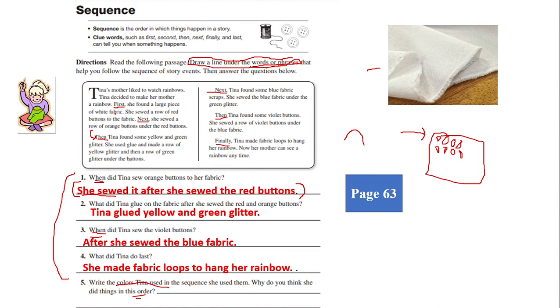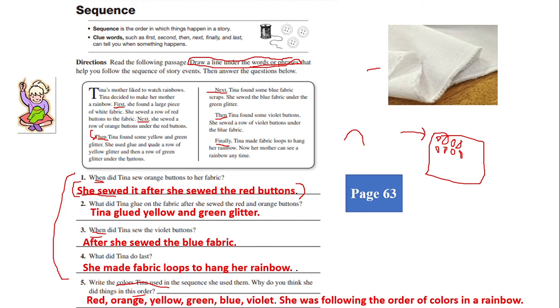This is the color of the fabric only. What did she use? She used the buttons, the red, this is the first one, and then the orange, and then we have the yellow, green. See, you have to write them in sequence. It would be incorrect if you write, for example, blue first, then green, then yellow. No, write them in order.